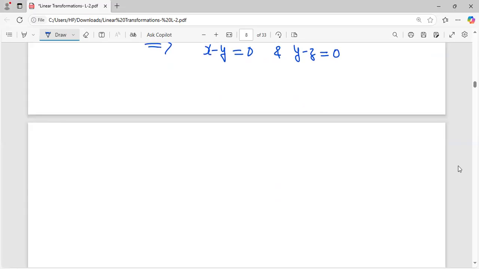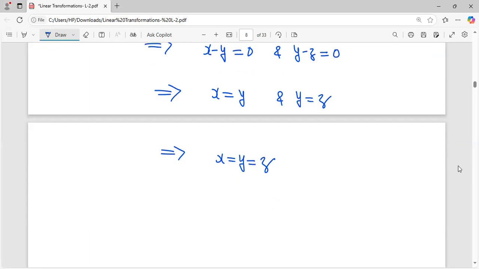This implies x is equal to y and y is equal to z. So this implies x is equal to z.